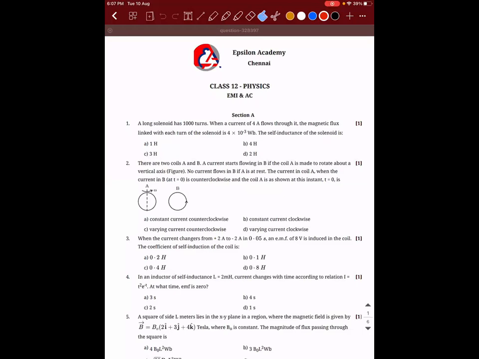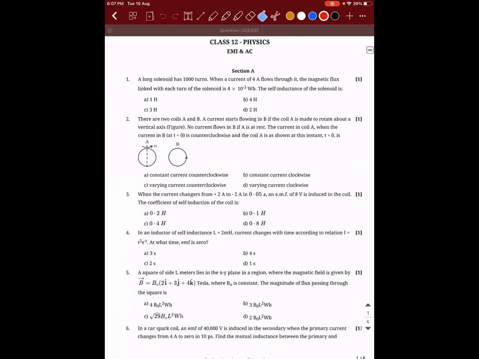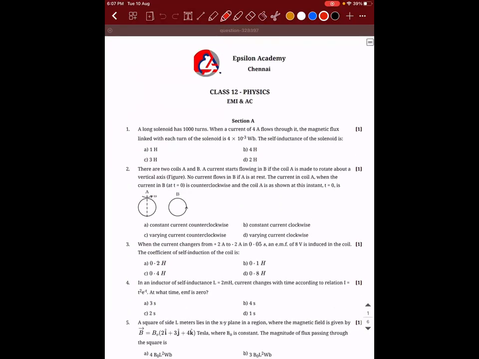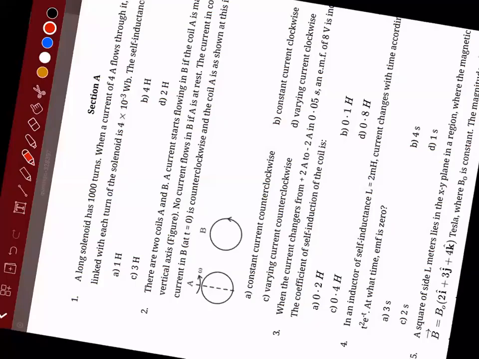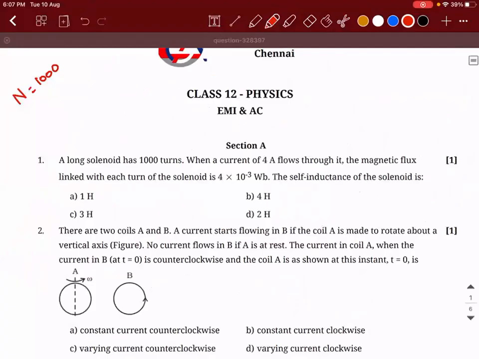See, mu naught n square AL is the formula for self-inductance when you know the area of cross section, all those things. But here, you should always look at the given data. N is 1000, current is 4 ampere, and magnetic flux is 4 into 10 power minus 3 Weber.